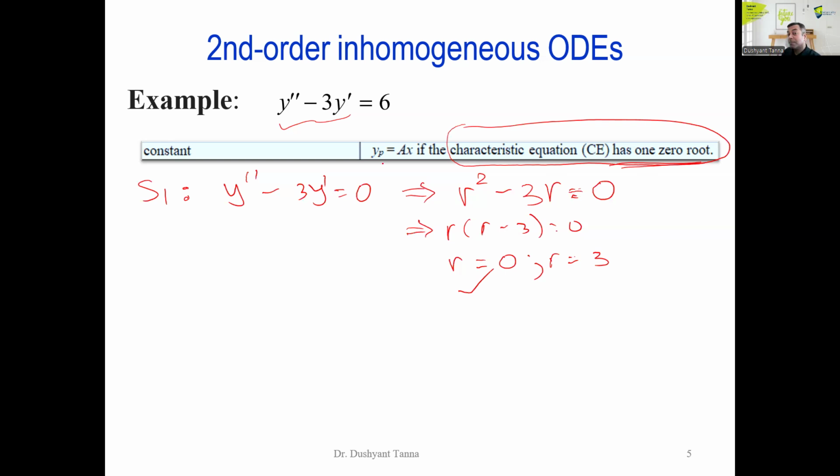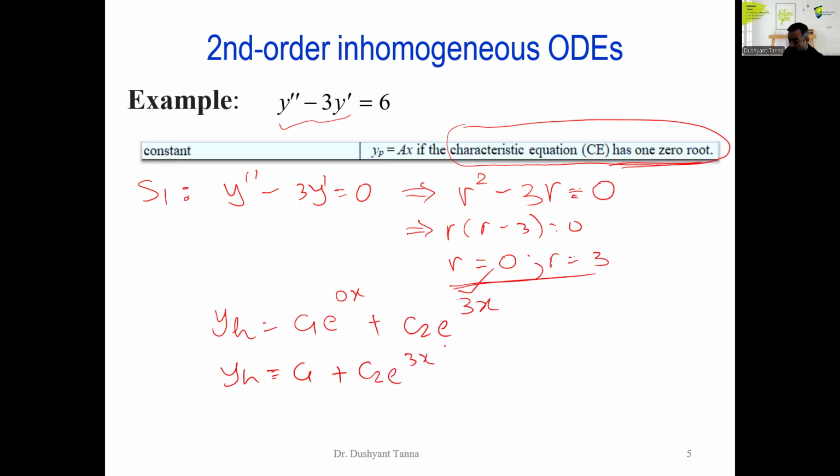First of all, we haven't stopped at yh. We have to write about yh first. So this is from week 5, right? What is your yh? C1 e raised to 0x, C2 e raised to 3x. Write it nicely. e power 0 is 1, my bad. C2 e raised to 3x.